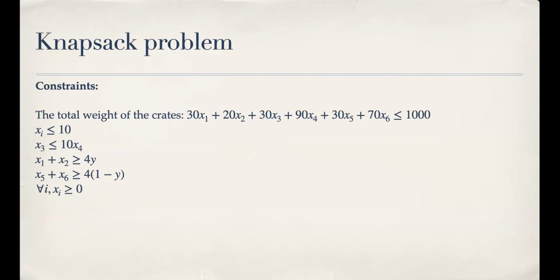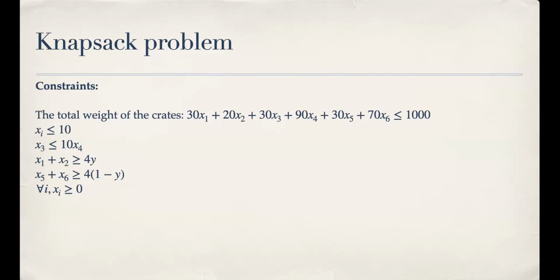If we write x3 is less than or equal to x4, then once x4 is 1, what happens to x3? x3 cannot be greater than 1. However, our constraint is that we can send any number of x3, but we need x4 to be at least 1.